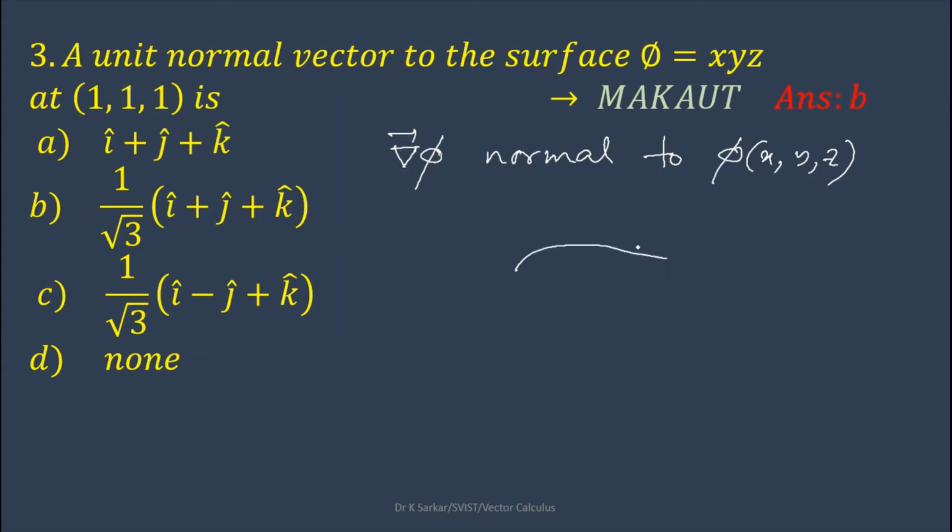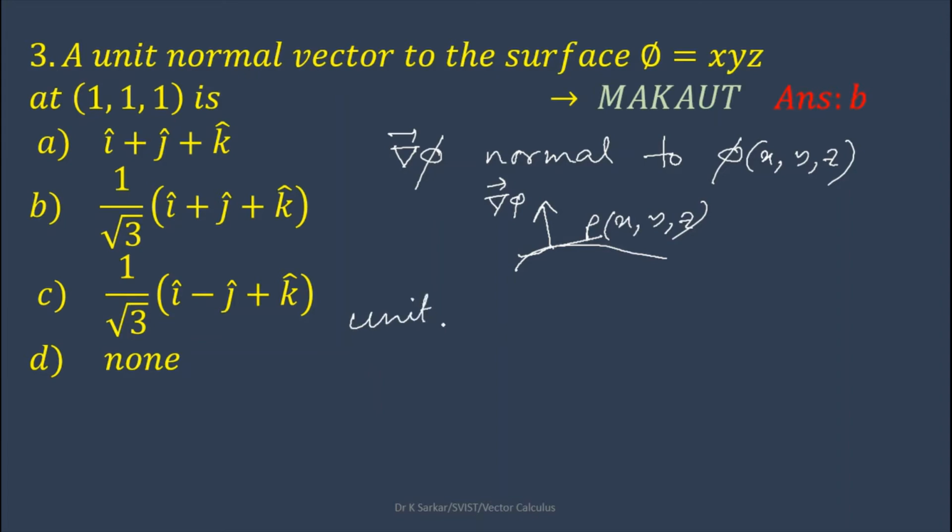So suppose this is phi of xyz, then at a point P, xyz, if we draw the tangent, then at this point if we draw the normal, this is grad phi. So you know how to find grad phi and what is unit vector.